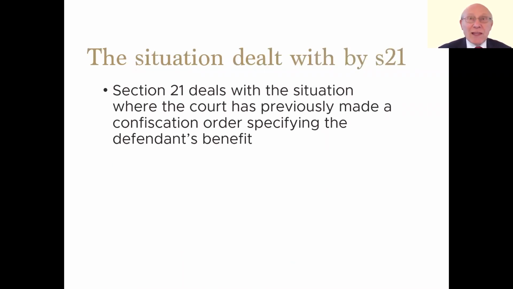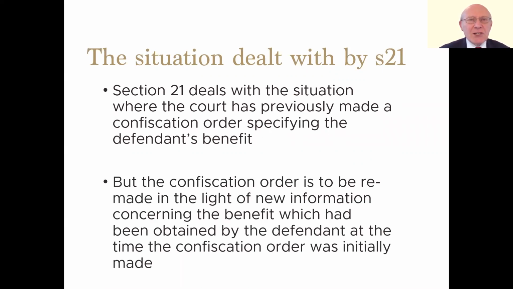The situation dealt with then by section 21 is that the court has previously made a confiscation order specifying the defendant's benefit and, of course, the amount required to be paid under the order. But the confiscation order is to be remade in the light of this new information concerning the defendant's benefit and concerning the benefit which had been obtained by the defendant at the time the confiscation order was initially made.